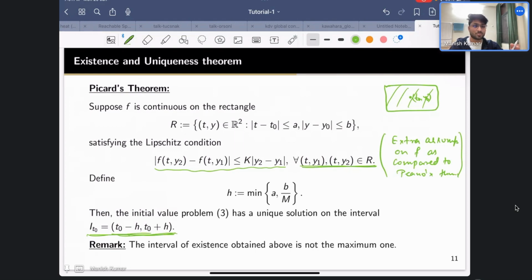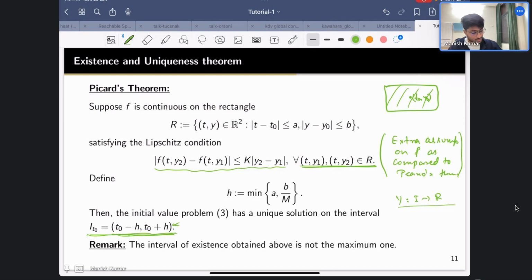But the question is, will this h give you the actual interval of existence? When I say y is a solution, I have some interval I in mind, y is a function from I to R, which is differentiable and has all the properties of a solution.